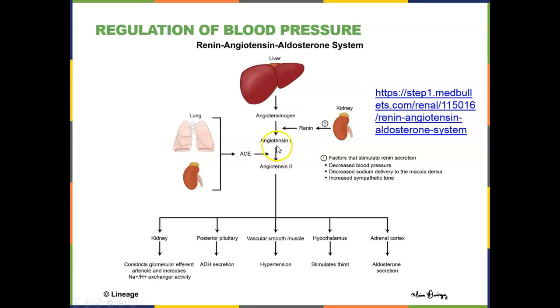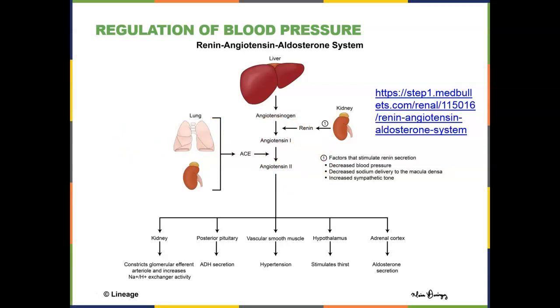Angiotensin 1 then, as it moves through pulmonary circulation in the lungs, interacts with another enzyme called angiotensin converting enzyme. So this is called ACE, or angiotensin converting enzyme. Angiotensin converting enzyme converts angiotensin 1 into angiotensin 2. Angiotensin 2 is a very strong vasoconstrictor.